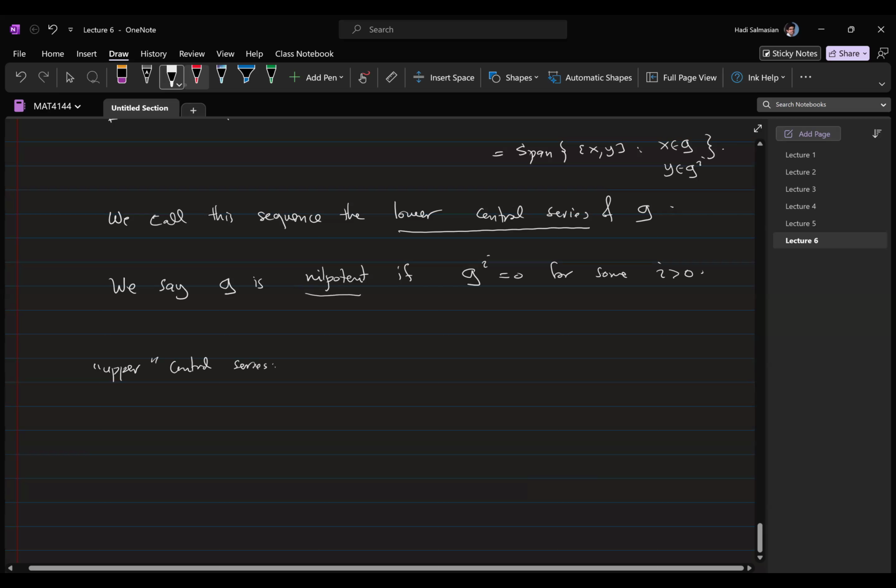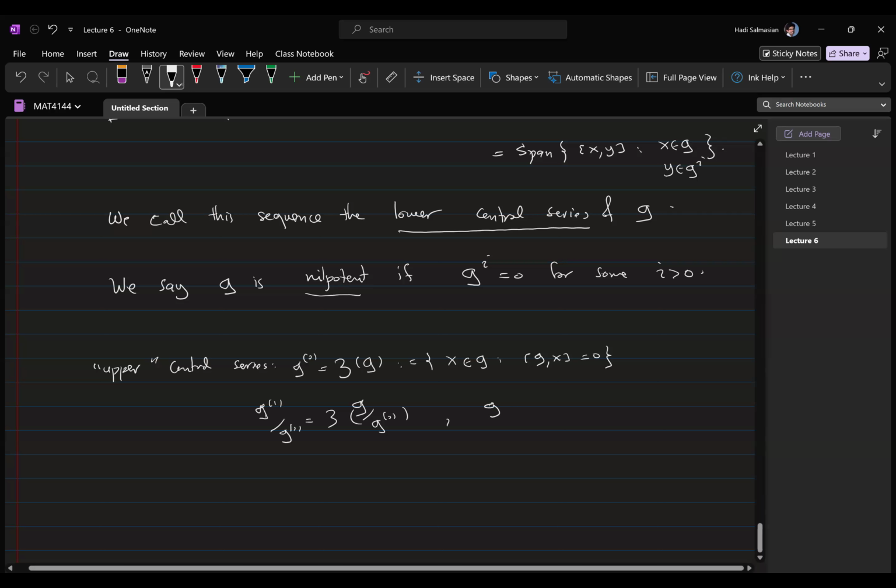What is the upper central series? You start with the center of the Lie algebra, which is the set of all elements that commute with every element of G. I didn't define this even. Now you take the quotient, G over the center, and look at the center of this one, and by the quotient construction this is like some G_1 over G_0.